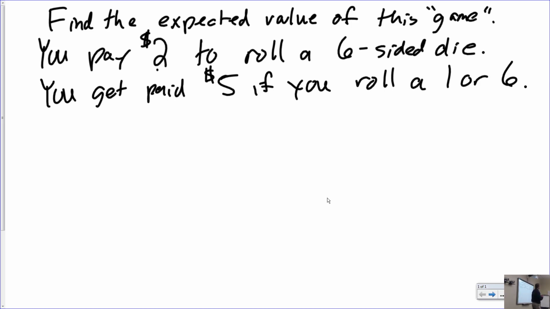Here's just a quick question. Let's see how you guys do. This is a similar question to what I've asked on the exam. It's something along these lines for what I expect you to be able to do when it comes to calculating expected value.